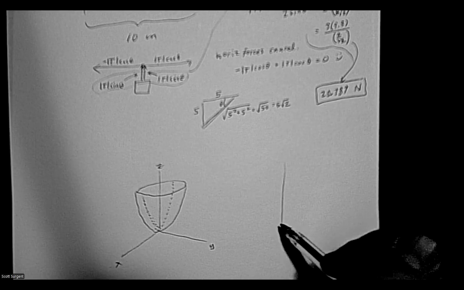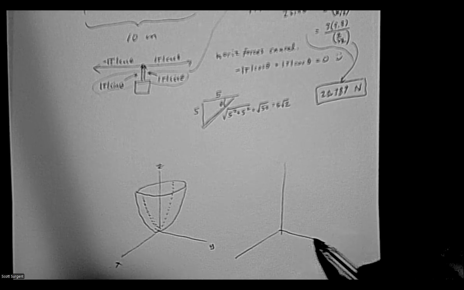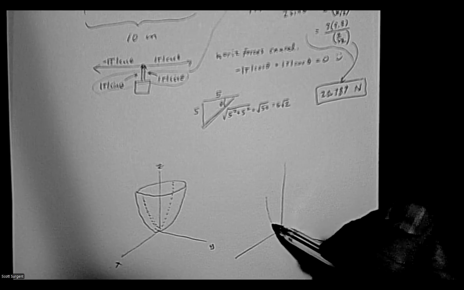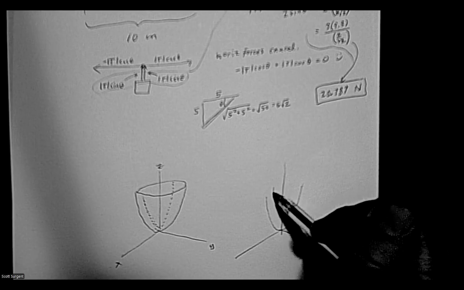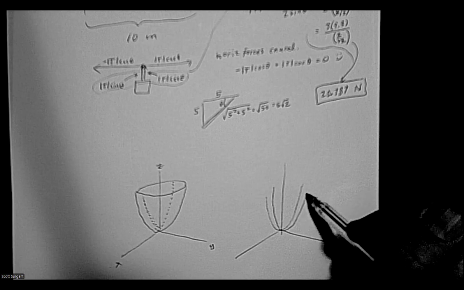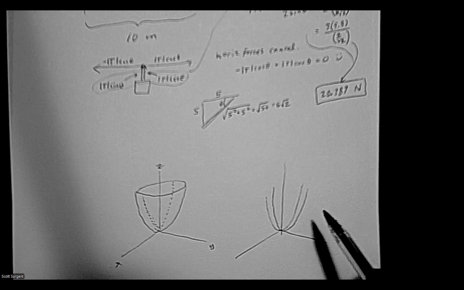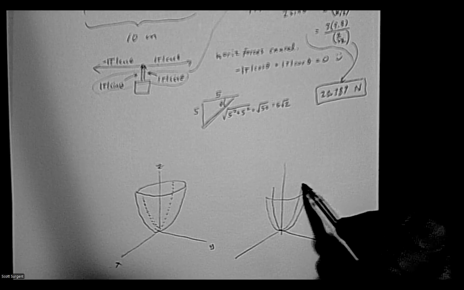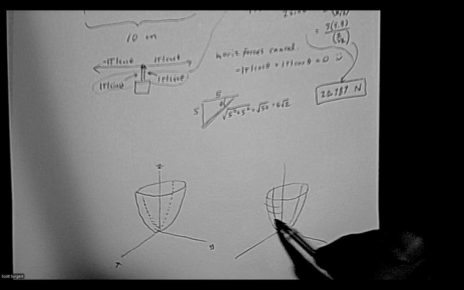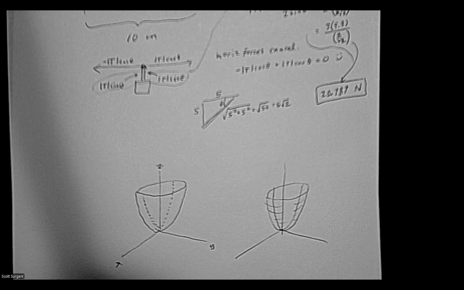Of course, my drawing is not very good, but you get a kind of wireframe figure. You get a parabola going this way, and another one coming this way. Now, that looks terrible. You don't have any sense of depth perception. But the idea is to somehow infer that you get a three-dimensional object out of that.